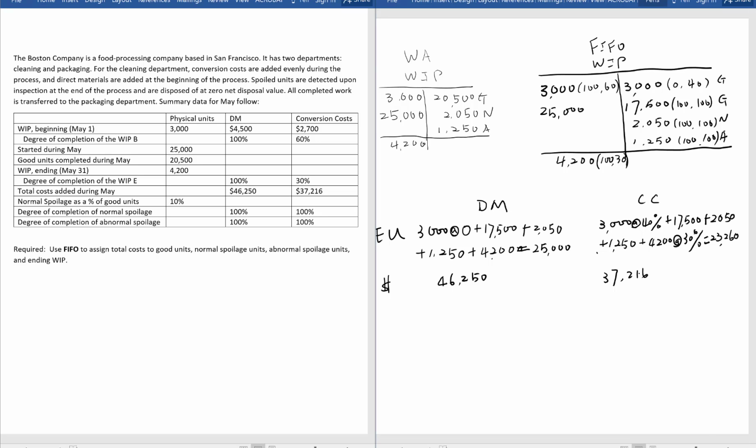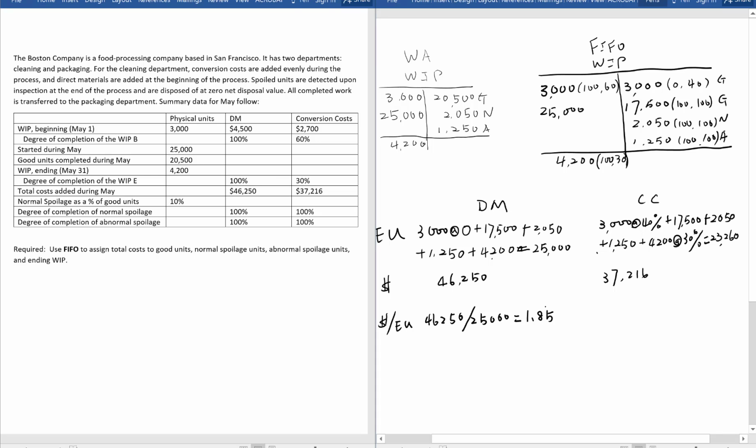Next is to calculate cost per equivalent unit, which is May's cost per unit. Direct materials per equivalent unit is 46,250 divided by 25,000, equal to 1.85.